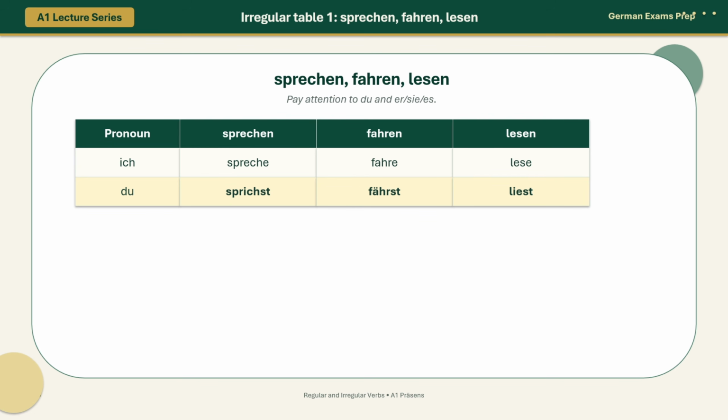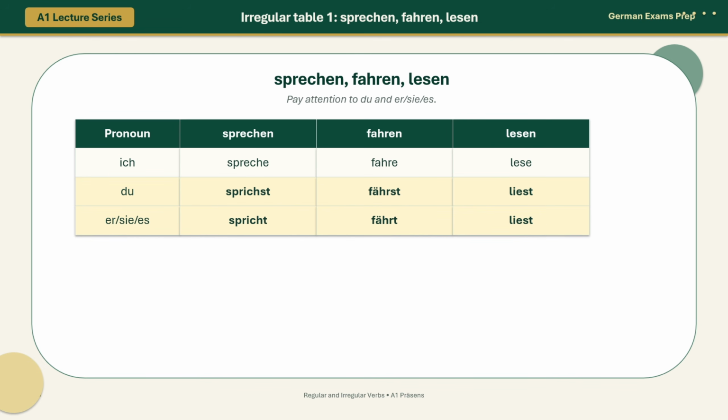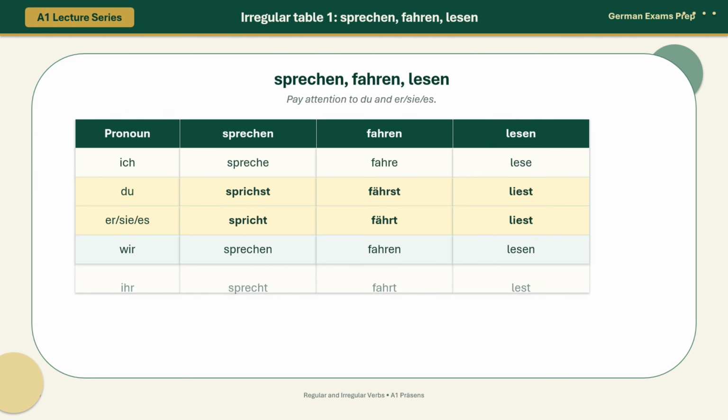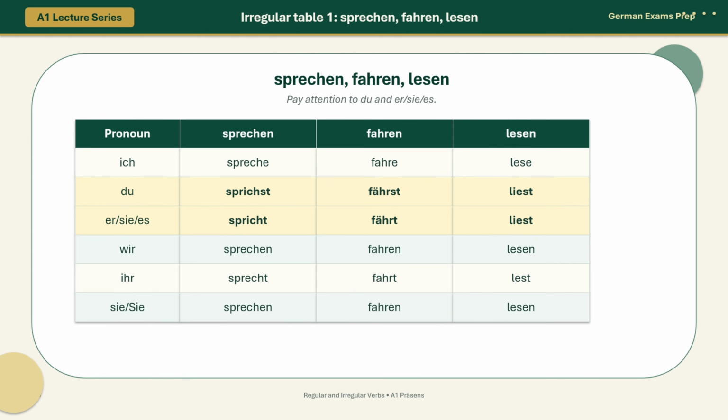Du sprichst, du fährst, du liest. And for er, sie, es, the vowel also changes. Er spricht, er fährt, er liest. But for wir, ihr, and sie, we use the normal form again. And notice this carefully, ich has no vowel change. This is a very common beginner mistake.